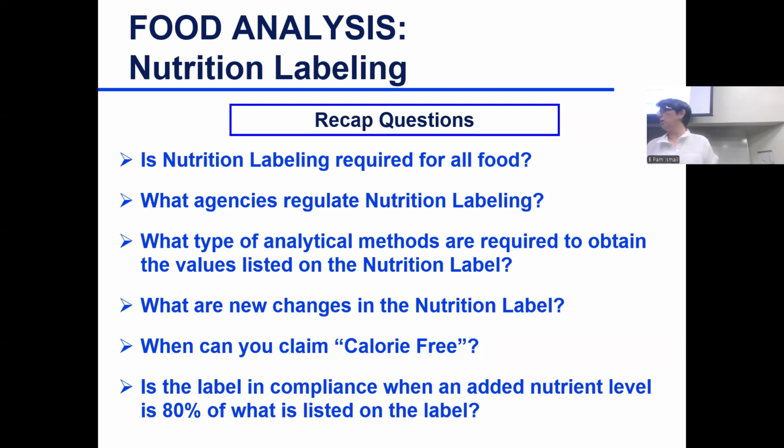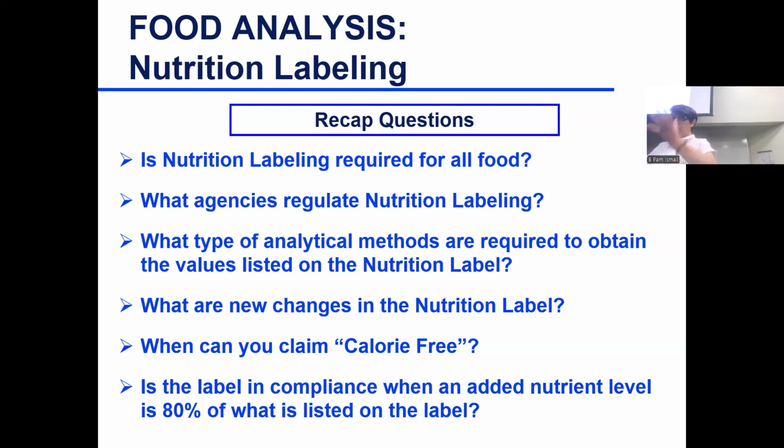What do we want to use? Official methods of analysis. They're also known as reference methods of analysis. They are called primary methods of analysis because they are used to calibrate secondary methods of analysis. So that's what I mean when I ask what type of analytical method. I don't expect you to tell me a name of a method.